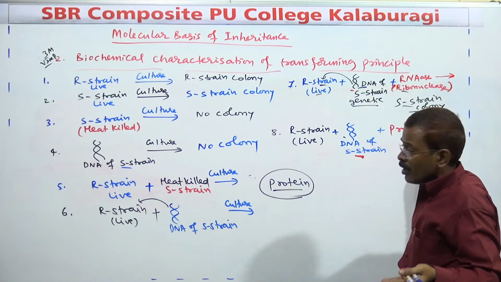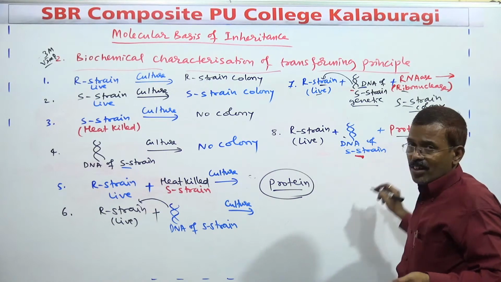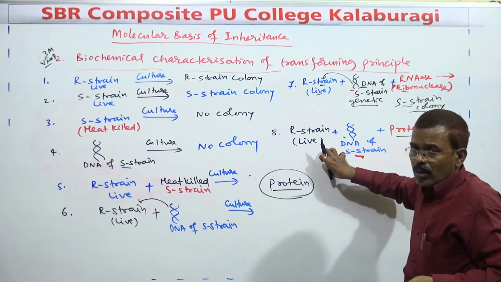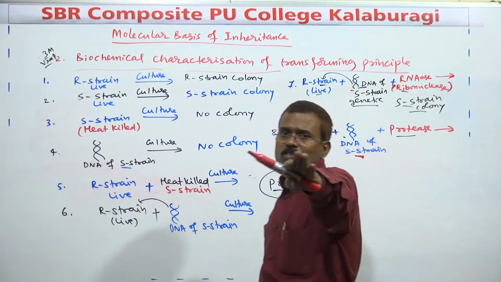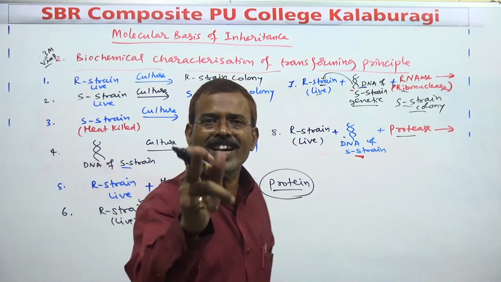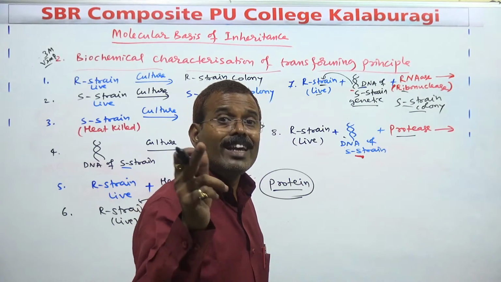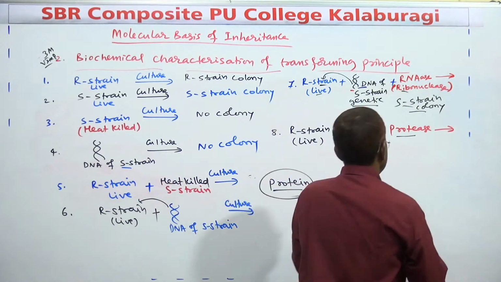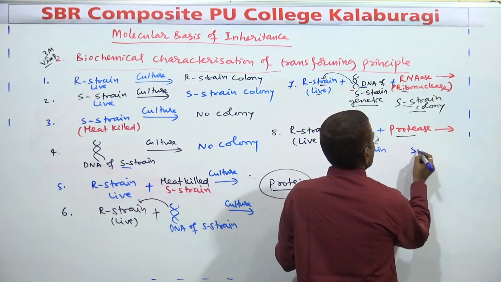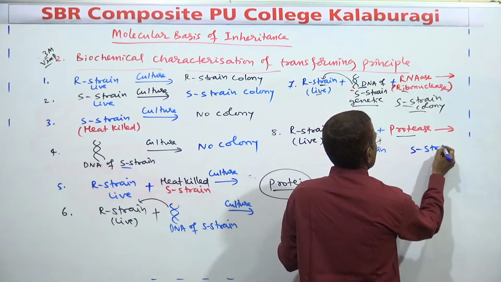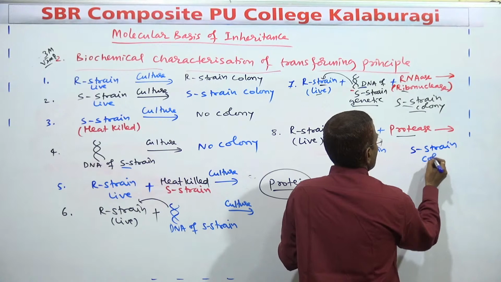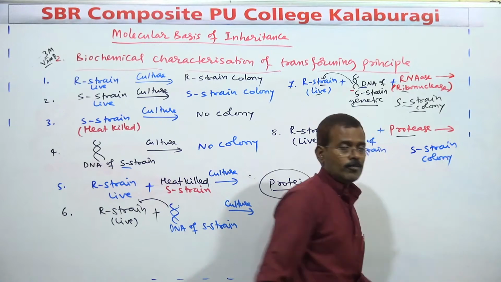But addition of protease enzyme to this mixture could not stop transformation. It could not affect the transformation. So here they got smooth strain colony.